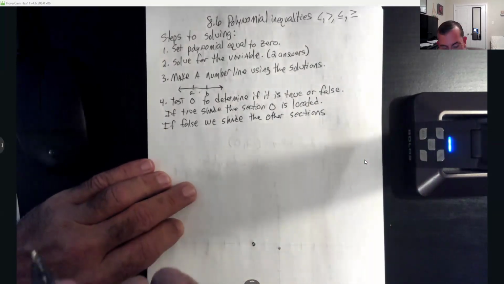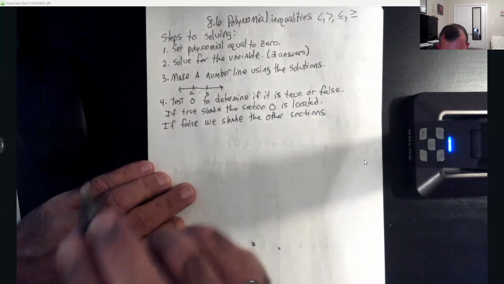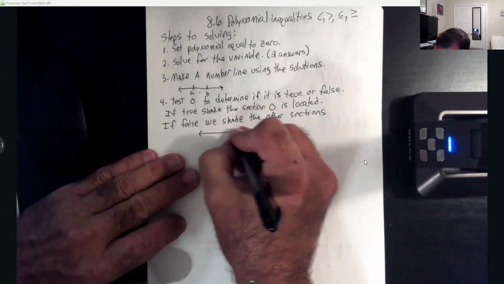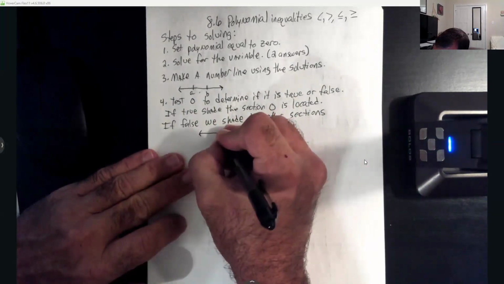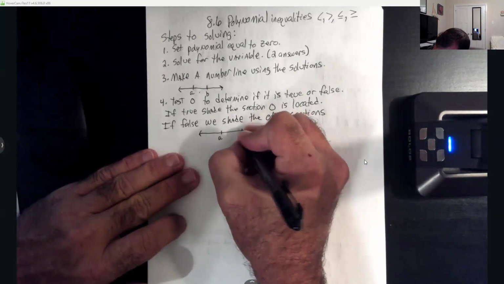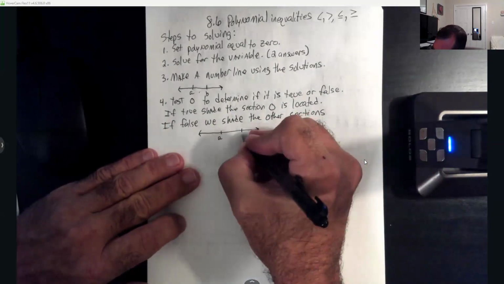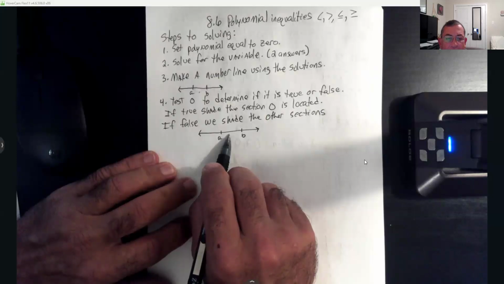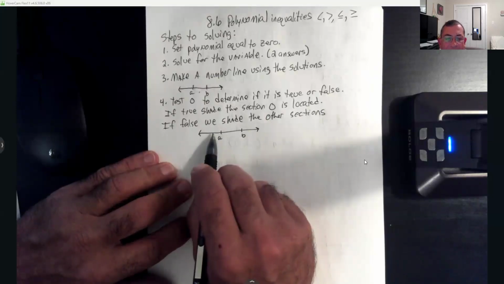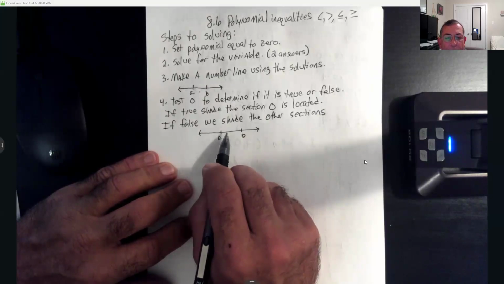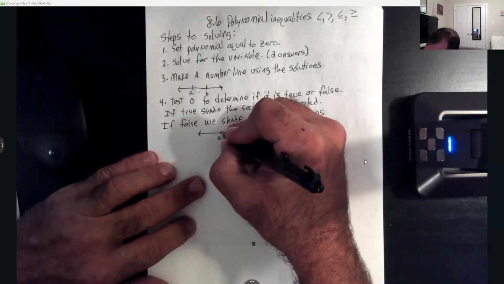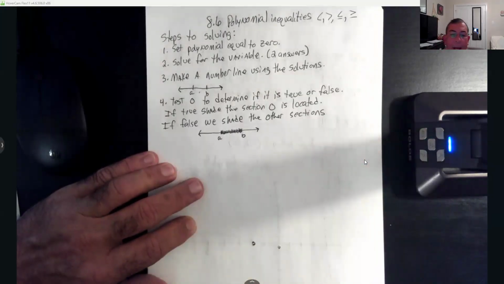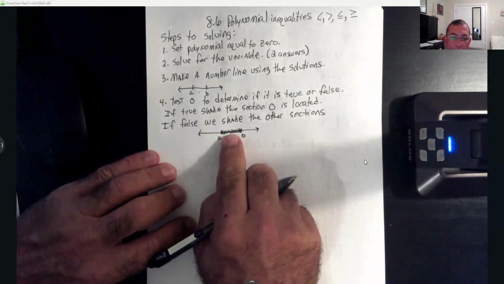Now, there's two ways these will look. If 0's in the middle and it's false, then I would shade the outside sections. If 0's in the middle and it's true, I would shade that section where the 0 was located.